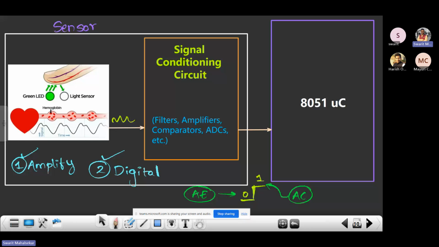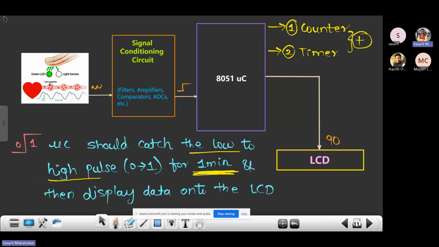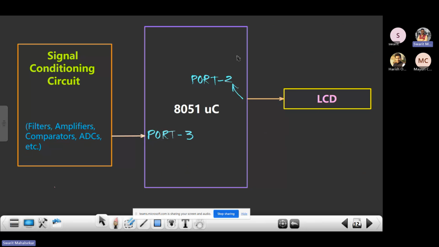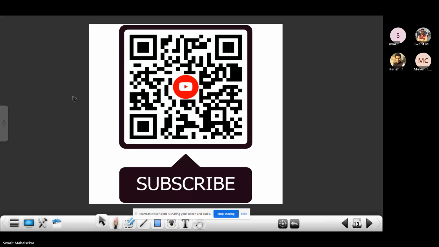After that we saw this circuit converting the analog form into digital format. Then we saw the overall block diagram and the application of the controller that we are going to use over here. As I mentioned, we are going to use port 3 for timers and port 2 for output to display certain things.